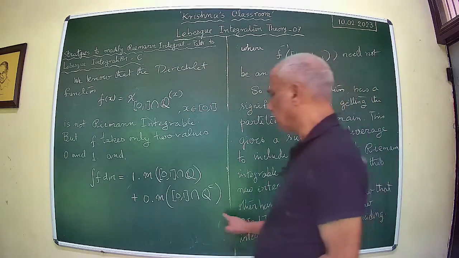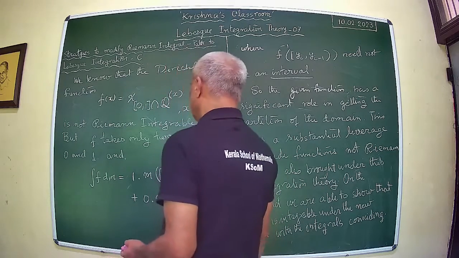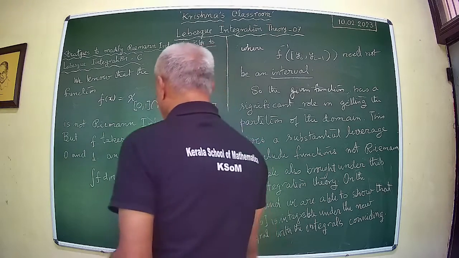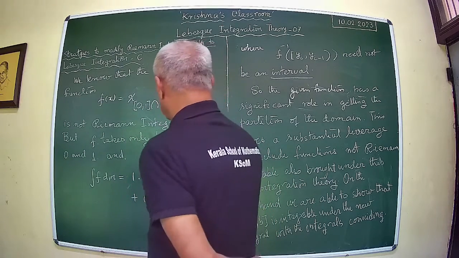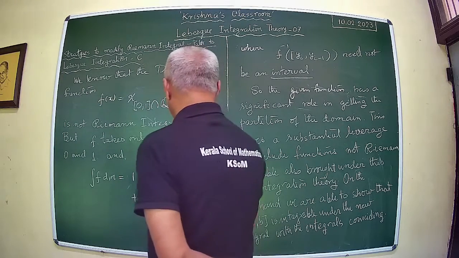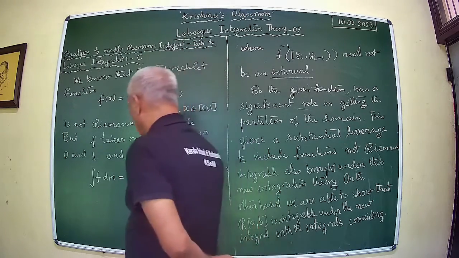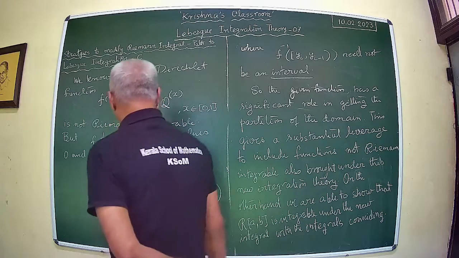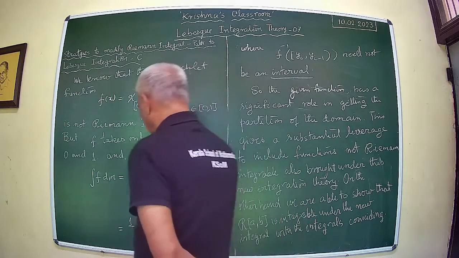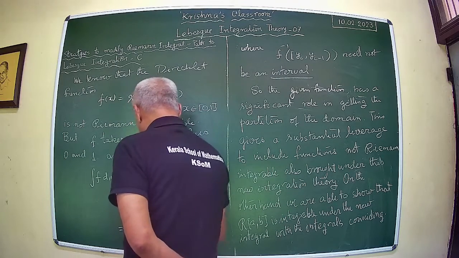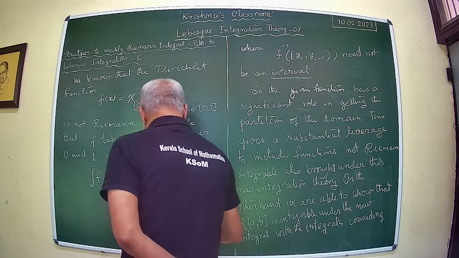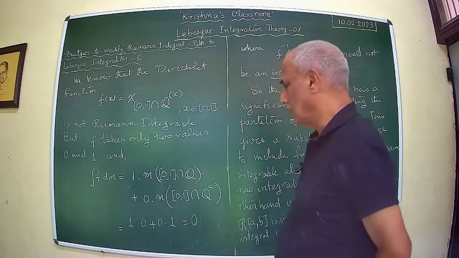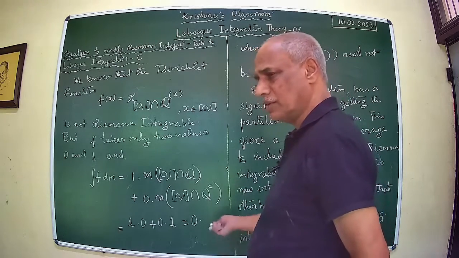On the set of all irrationals, the function takes the value 0, whereas on the set of all rationals in the interval [0,1] it takes the value 1. Therefore, this integral is 1 times the measure of this set plus 0 times the measure of this set. You can show that the measure of the set of rationals is 0. Therefore, this is 1 times 0 plus 0 times 1. This is Lebesgue integral, but it's not Riemann integral.